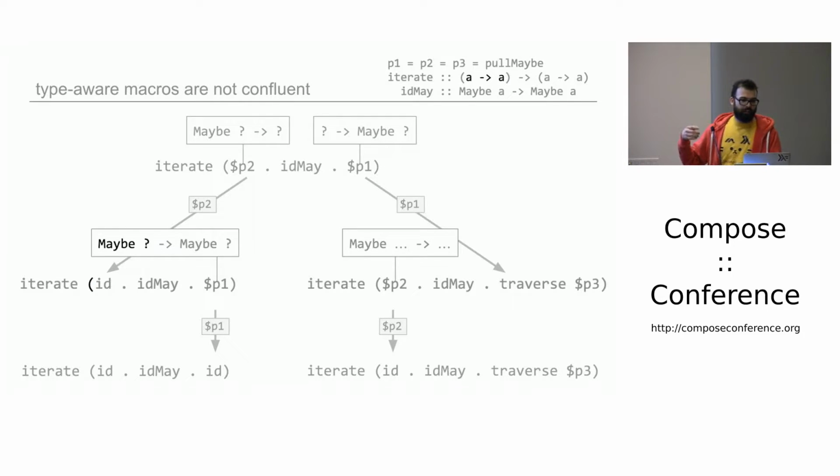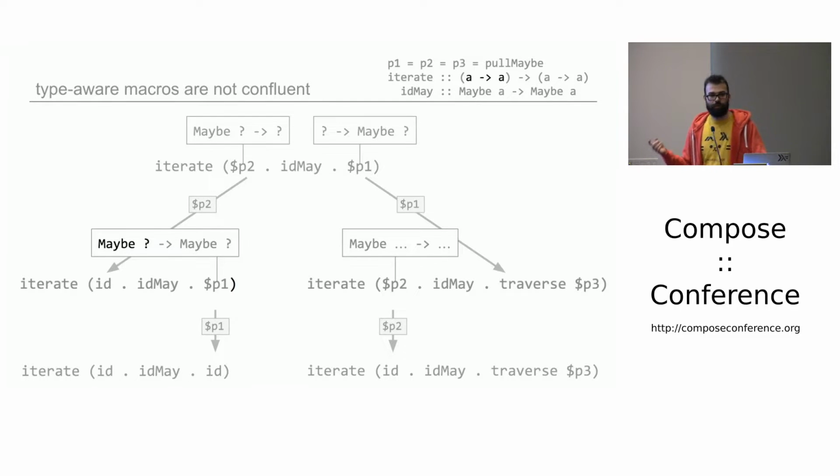And now that the type of iterate comes into play, it's a function. It's a higher order function from a function of type A to A. So the output type of this whole function composition is the same as the input type of this whole function composition. And so since identity returned maybe something, the whole function composition returns maybe something, and therefore the whole function composition receives a maybe something, and therefore $P1 receives maybe something as well.